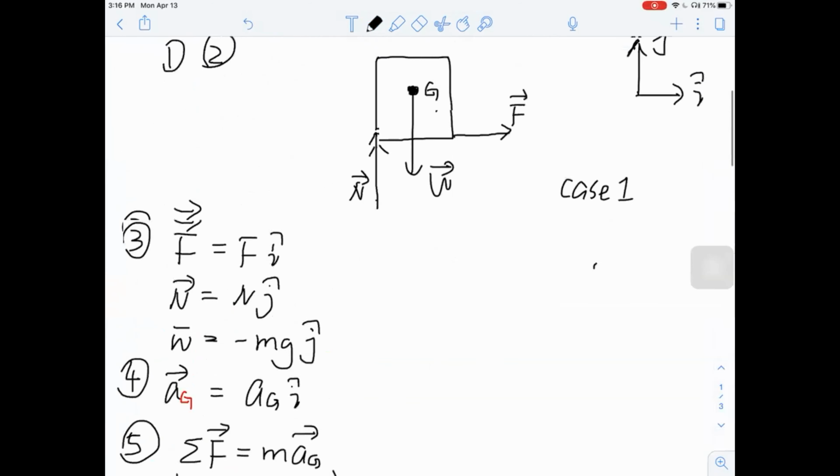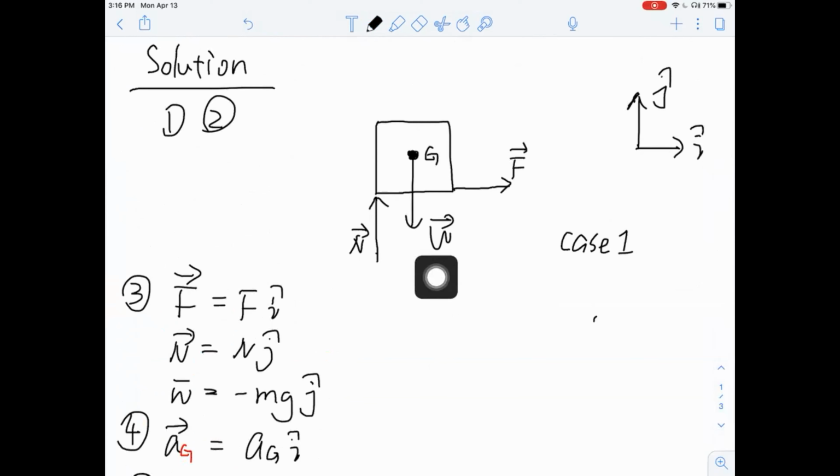Let's look at the second force, which is wave force. This wave force passes through that point G. That means the wave force will not cause any rotation or moment about point G. So any force that passes through the point we're talking about does not cause moment, if that makes sense. Okay, so 0 here.